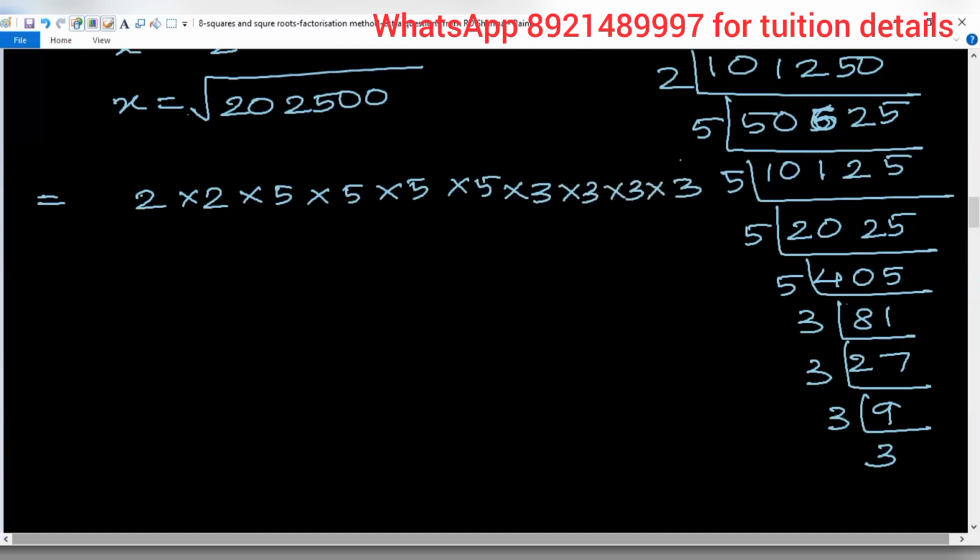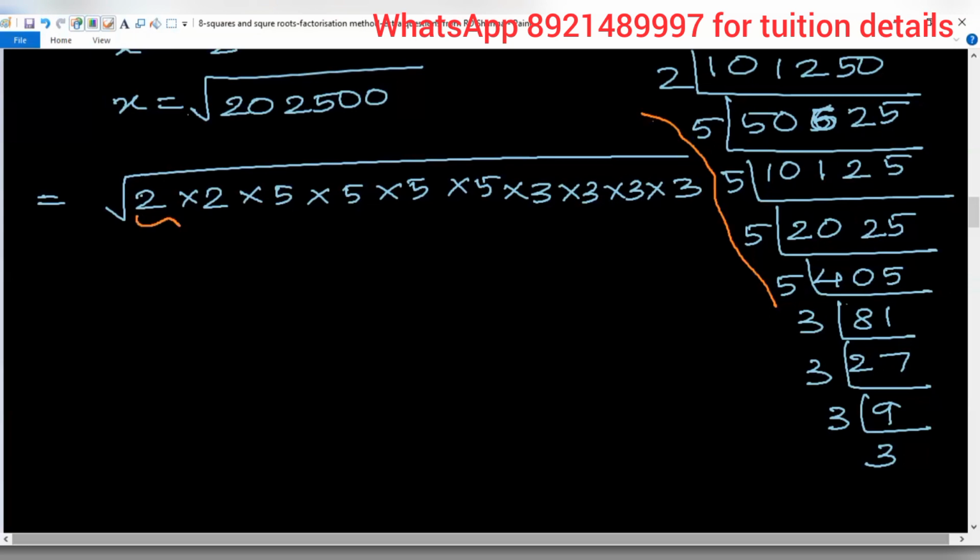See here, in the step what we have written here, square root of. So in the next step also we have to put that symbol, square root of this. Here from each and every pair we can take one outside, right? 2 has a pair, 5 has 2 pairs, 3 has 2 pairs.